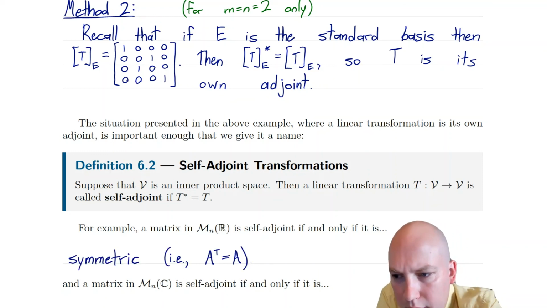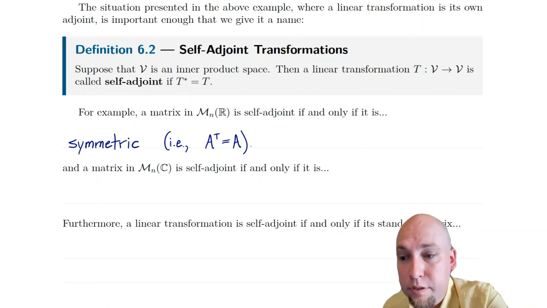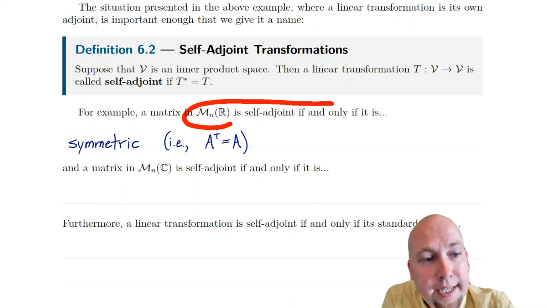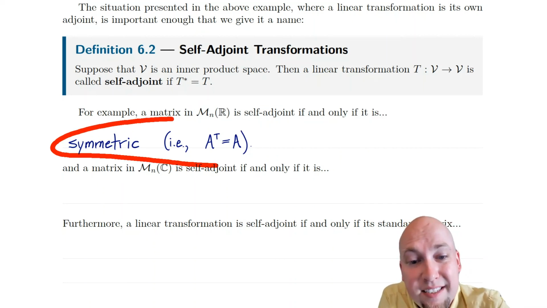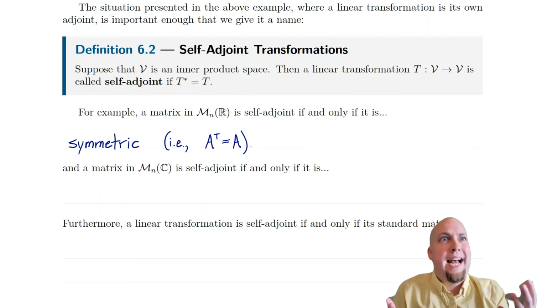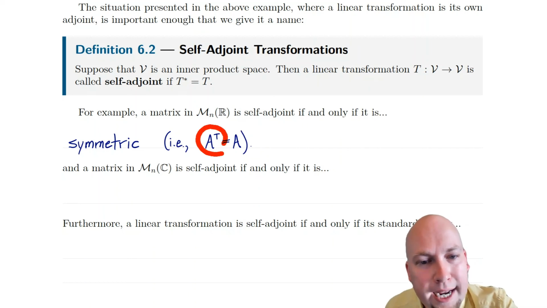All right. So for example, if we return to linear transformations as matrices, and maybe start off with real matrices, we say a real matrix is self-adjoint if and only if it's symmetric. And the way that you see this is just think about, well, what's an adjoint of a matrix? The adjoint of a real matrix is just its transpose.